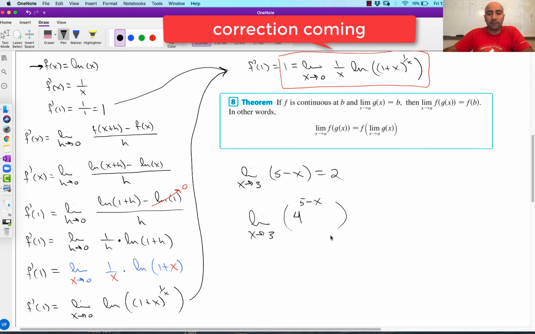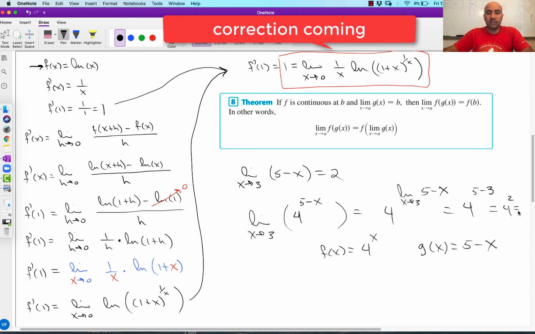We can think of this as a composition of functions where we let f of x equal 4 to the x power, and g of x equal 5 minus x. According to this, it is equal to 4 to the power of the limit as x approaches 3 of 5 minus x, which gives you 4 to the power of 5 minus 3, which is just 4 to the power of 2, which gives you 16.